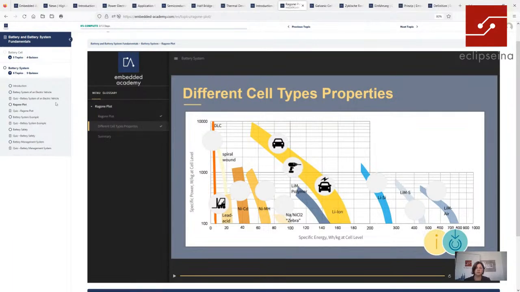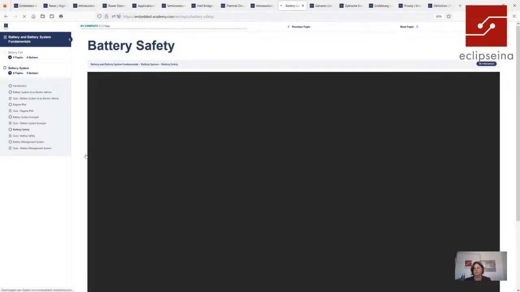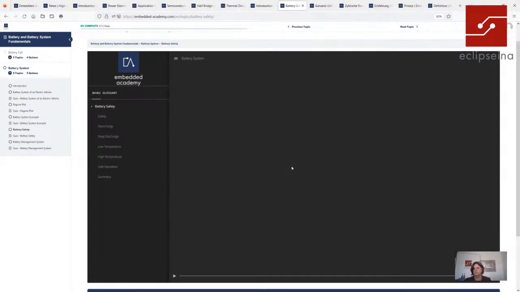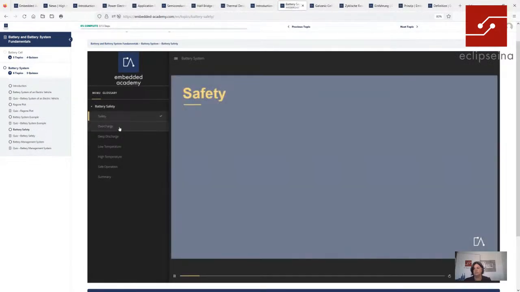Then this course also provides you with a battery system example, with some information on battery safety and then the battery management system. In batteries there is a lot of electrical and chemical energy.